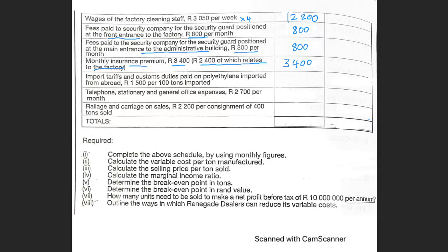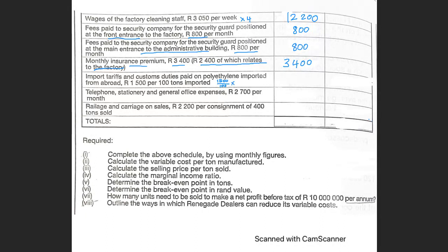Then your import tariffs and custom duties that are paid on the polyethylene imported from abroad, it's 1,500 Rand per 100 tons imported. So remember here, firstly, we needed to convert that to a monthly basis. We said it was 1,500 per 100 tons, so we worked out the value for just 1 ton.